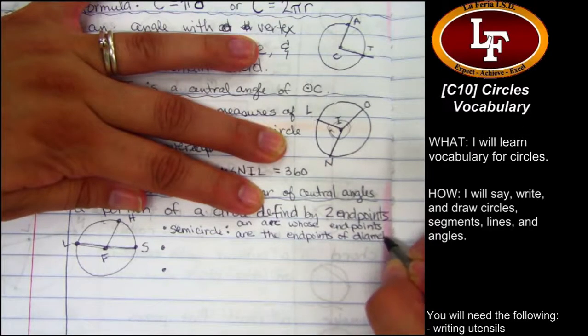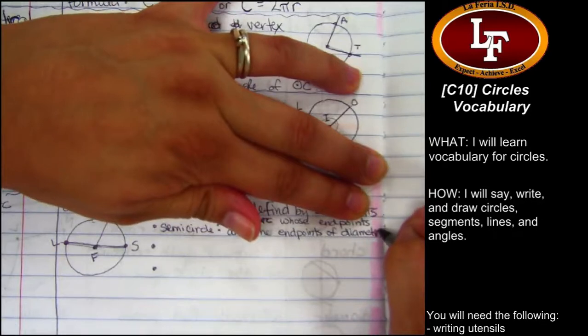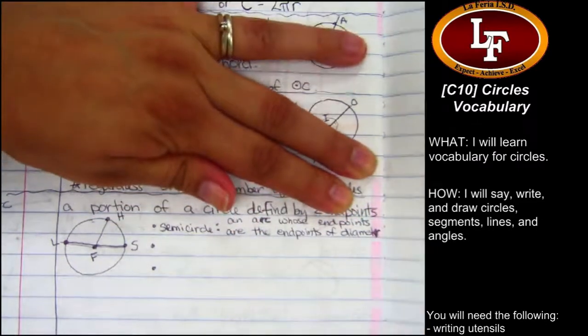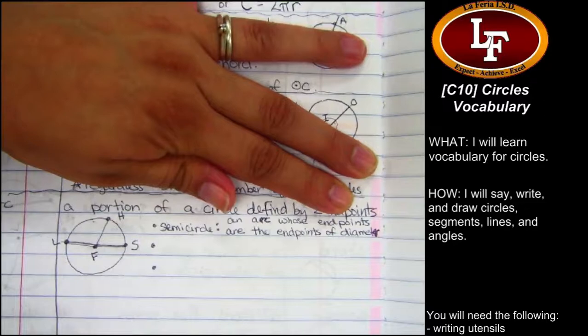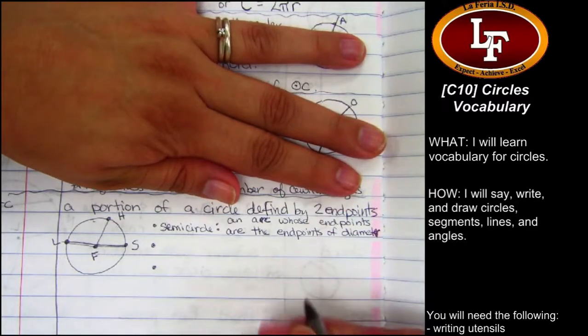Remember that diameter was a chord that went through the center of the circle, which meant its endpoints are on either side of the circle, and it goes right through the middle of it.